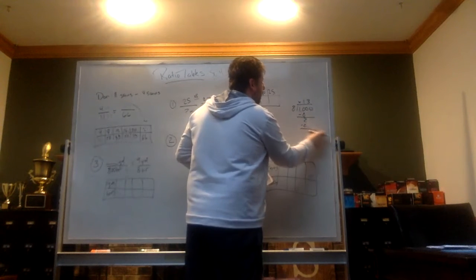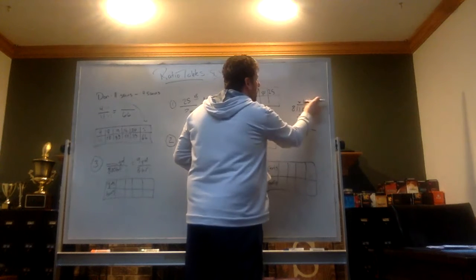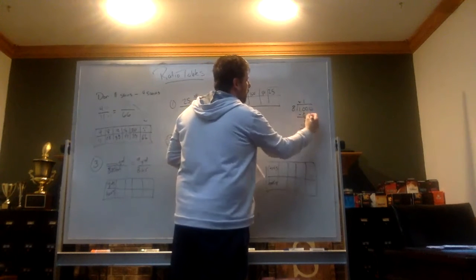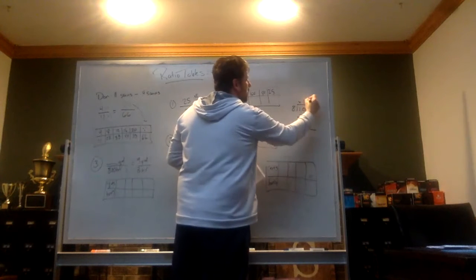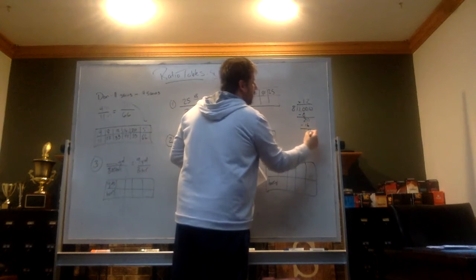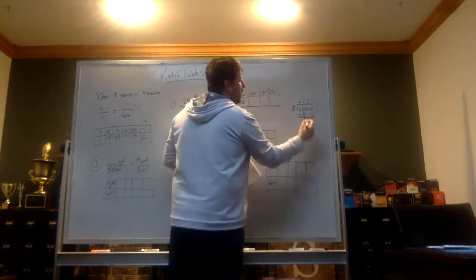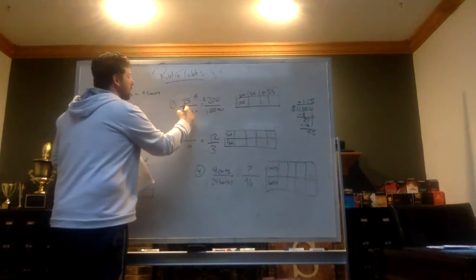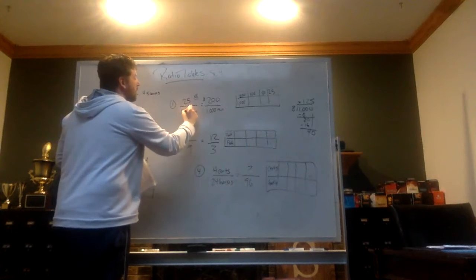Oopsie poopsie, I put 25. It should be 20 there. 1 times 8. Then bring down, how many times is 8 going into 22? And now we have 60. Oops, it's early. And then the last one, how many times is 8 going into 40? 125. So that means this would be 125.